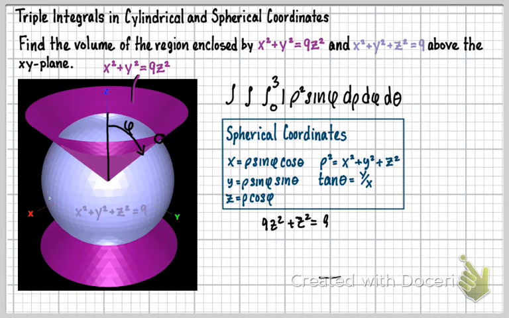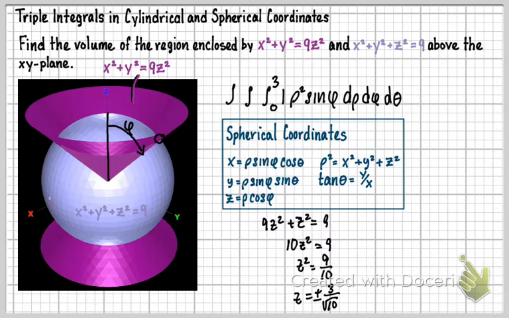So then when I put my z squareds together, that's going to be 10z squared, and that equals 9. So then I'm going to move the 10 over. So z squared equals 9 over 10 by division. And then I'm going to square root both sides. So z is going to be plus or minus 3 over square root of 10.